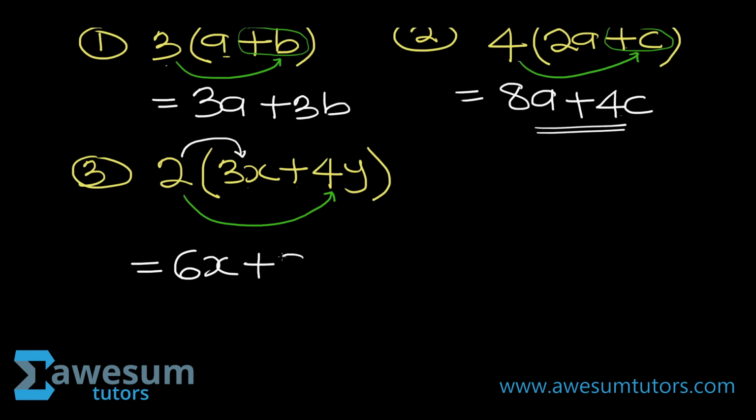That's plus 8y. You will notice right here that the numbers that we use in these 3 examples are positive numbers. So we did not really have any cause to change any sign right here. So this is our answer.